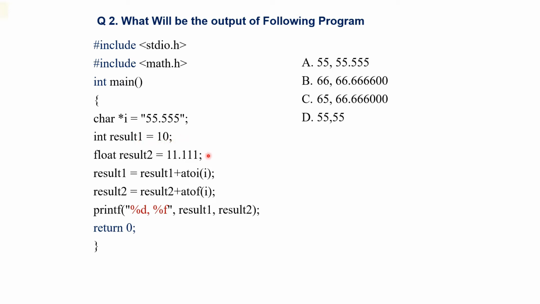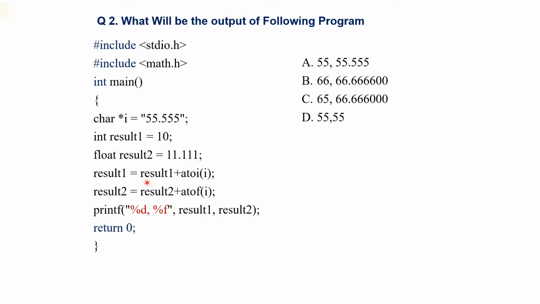In the next statement, a float variable result2 is declared and initialized with the value 11.111. Then consider the next statement, which is an assignment statement, and the right hand side is an arithmetic expression. Hence this expression will be solved first. Let us solve this arithmetic expression now.